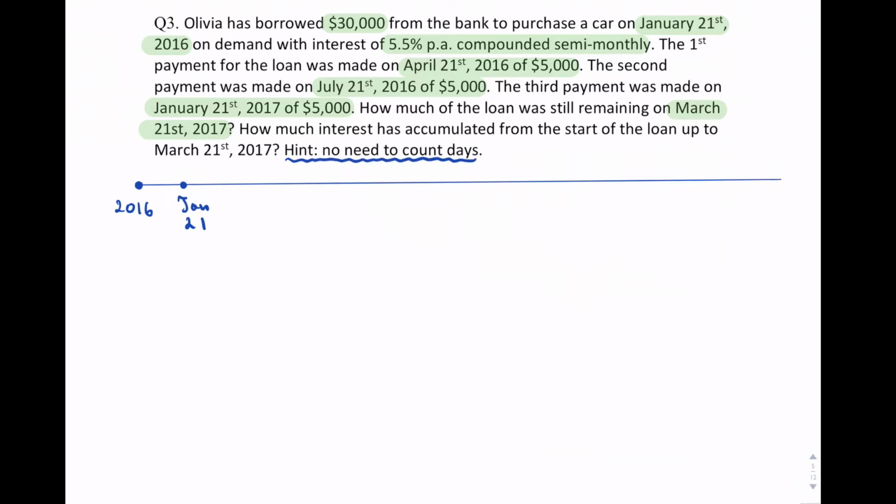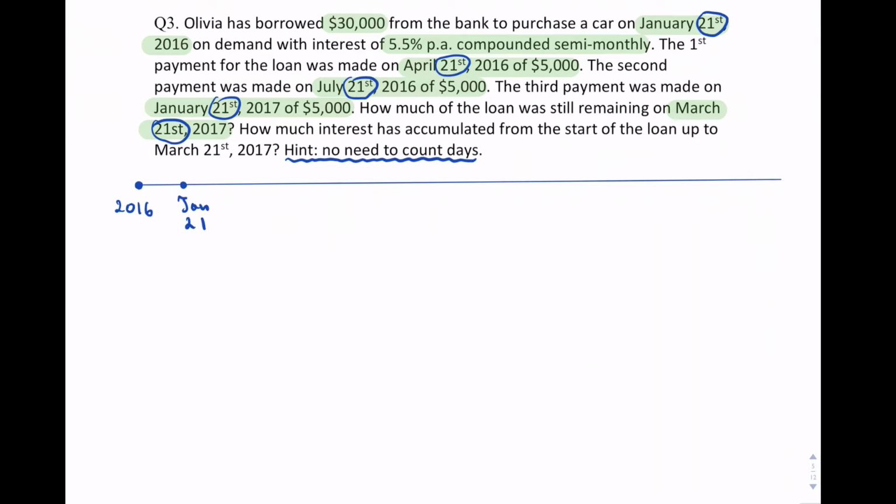Everything is on the 21st, and March 21st, so we just have to count months. If it wasn't like this, then unfortunately we would have to count the number of days in between. But this time, it will be a little bit easier.